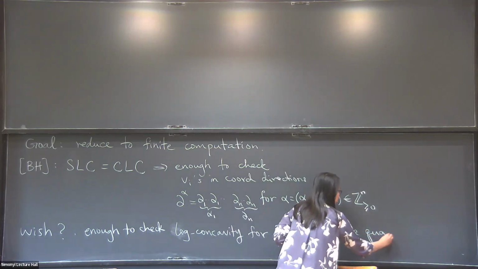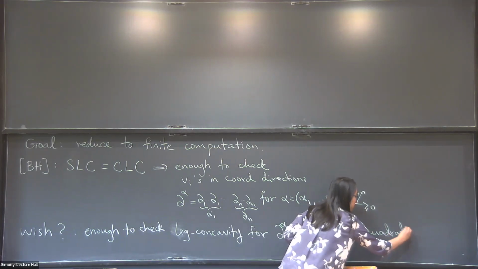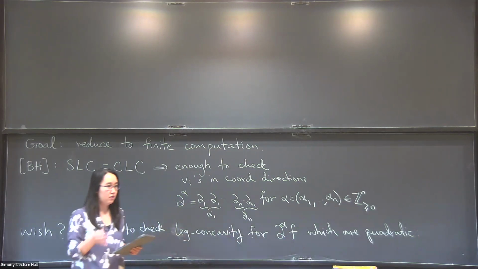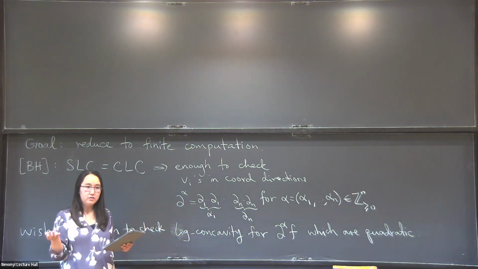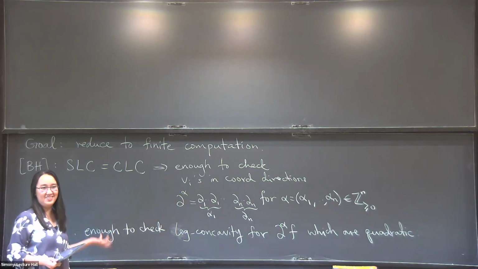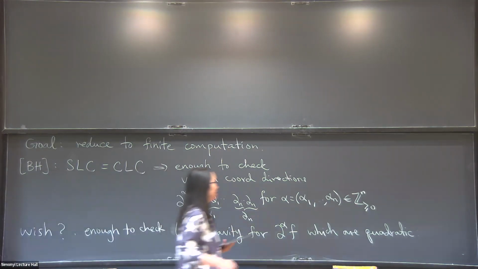That would be very nice. That would be a finite computation, because Hessians of quadratics are matrices with real entries. You can do the computation. But it turns out that this is not true. So this particular wish is not going to come true.